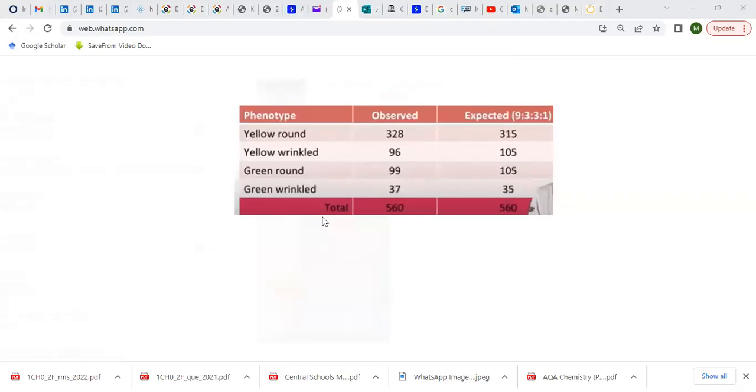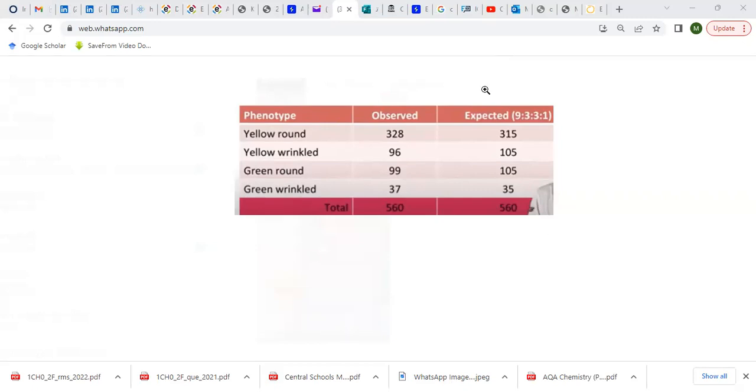If you see this data, yellow and round seeded plants were crossed with green and wrinkled seeded plants, correct? So the ratio should be 9:3:3:1, yes or no?